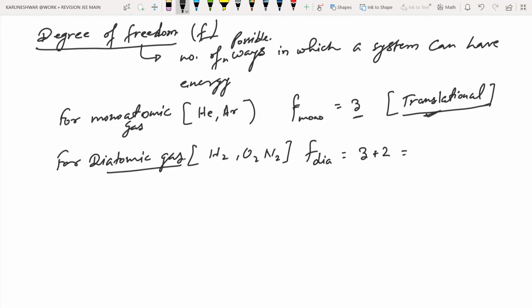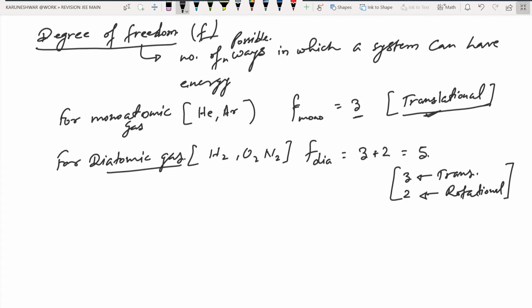What is that 3 plus 2? It is 5. In 5, we have 3 translational and 2 rotational.